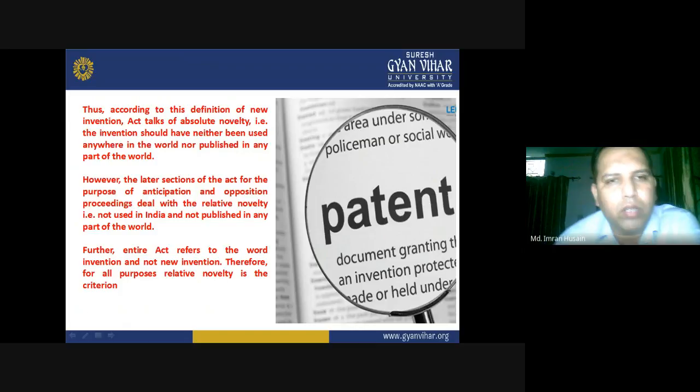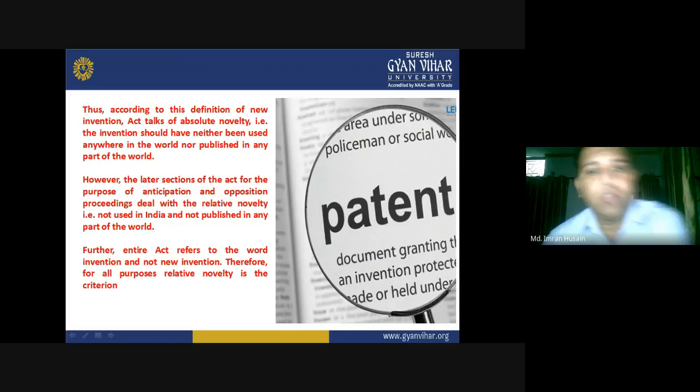Thus, according to this definition of new invention, the Act talks of absolute novelty. Everything is totally new. That is, the invention should have neither been used anywhere in the world nor published in any part of the world. So the invention should be totally new to the context.